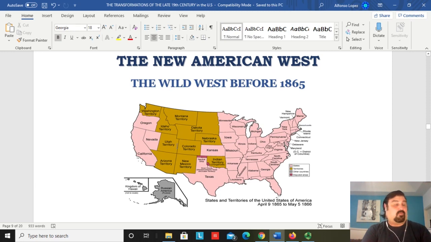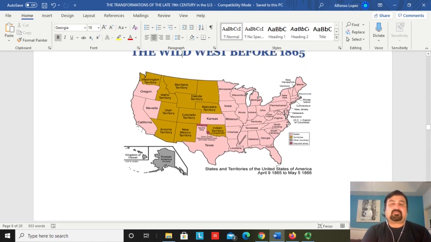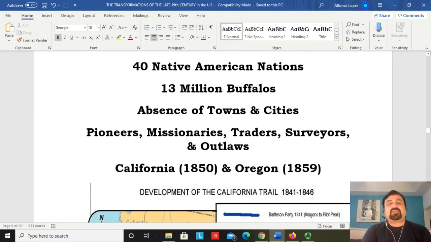But for the most part, when you look all over this region, the Central Plains, for example, it was again a region that was totally undeveloped. It was a region inhabited by 40 Native American nations. What we mean by nations are simply Native American groups that had their own distinct languages, and a political organization that was somewhat complex in that they had certain chiefs.